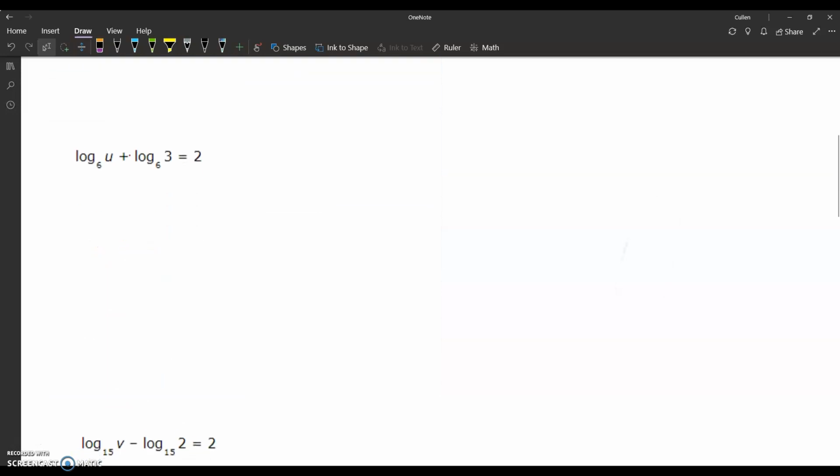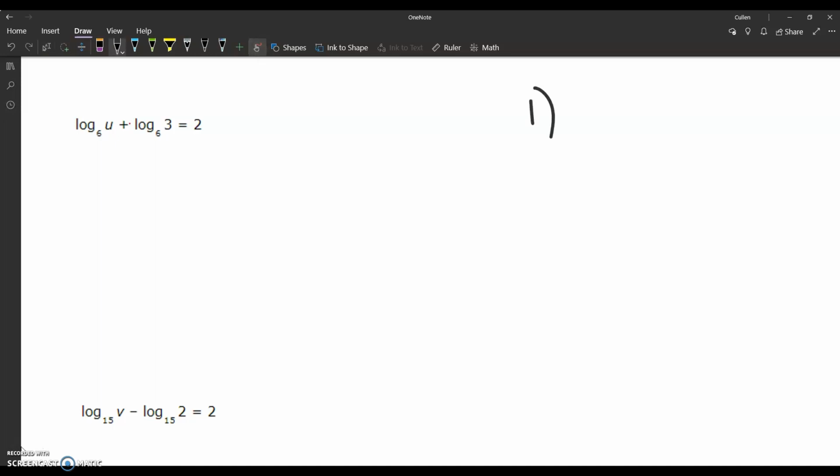So the first one, we got log base 6 of u plus log base 6 of 3 equals 2. So what we're going to do first is, it's going to be similar to what we did the other day, but what you got to do first is we're going to combine the logs together. So we don't need to isolate them, at least not in this example we don't.